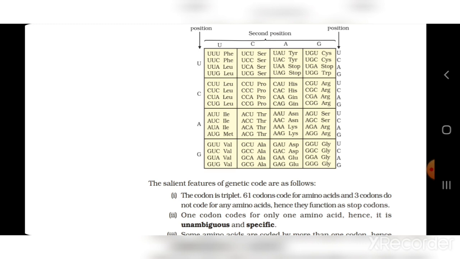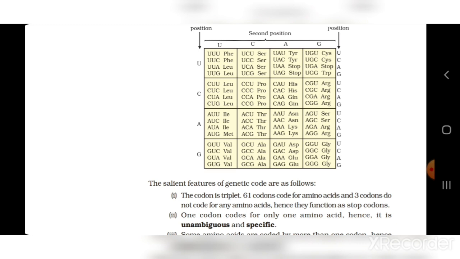That means triple U will always code for phenylalanine, and UUC will also code for phenylalanine. That means this particular amino acid can be coded with these two genetic codes.